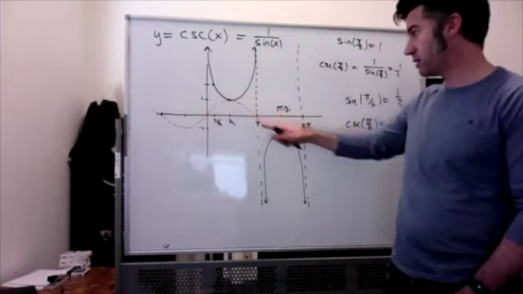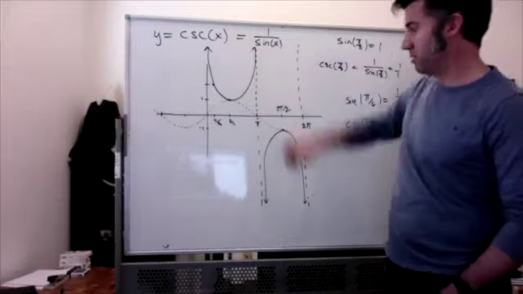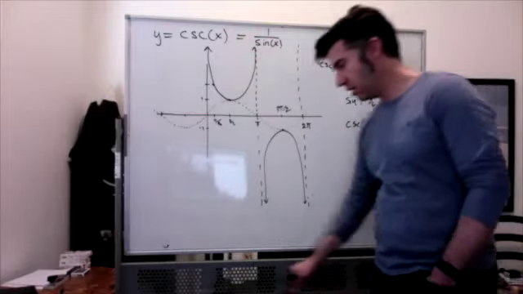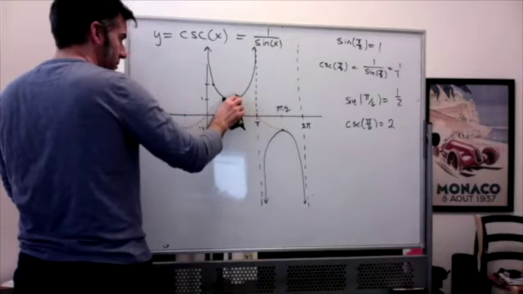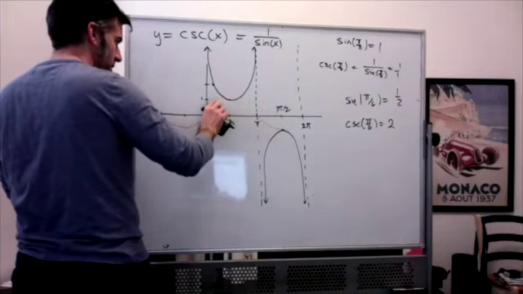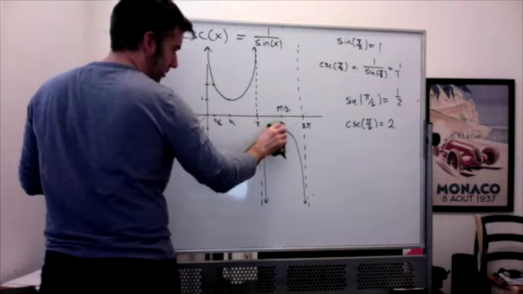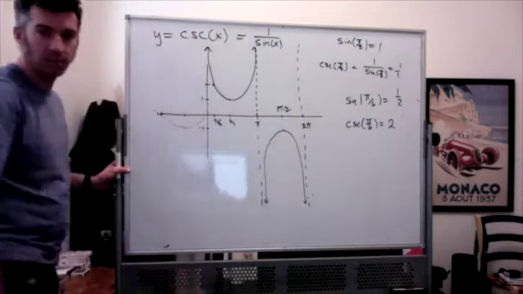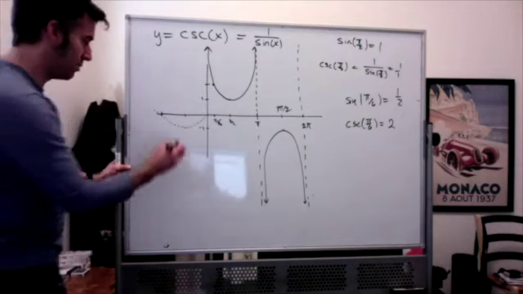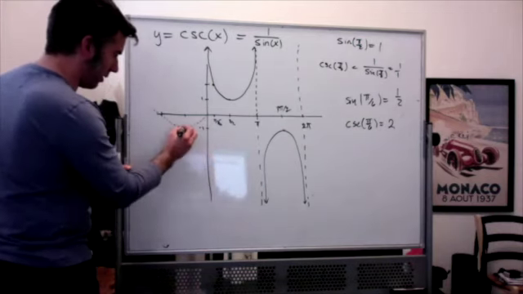Sine does this, cosecant does this. And then if you really want, you can erase the guiding sine graph that you drew. And there's cosecant. And you can draw more of it if you want right here.